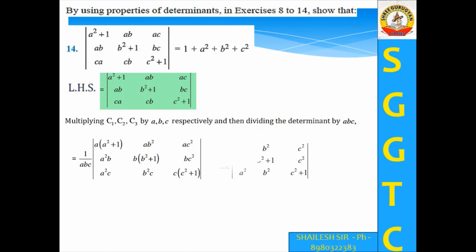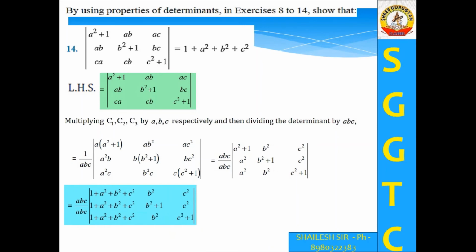First row multiply by A, second row multiply by B, and third row multiply by C. And after that take common column wise. Either you multiply column wise and take common row wise, then definitely your powers are the same. Students, this process is only and only for making the powers the same.